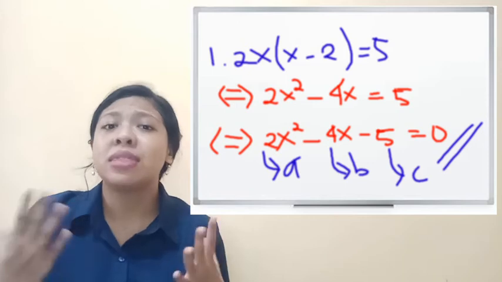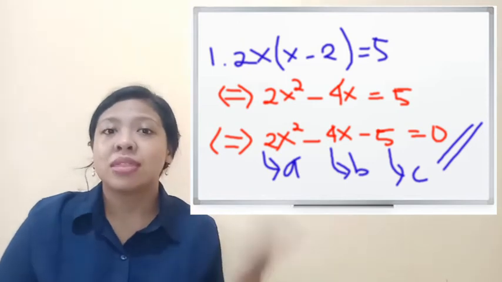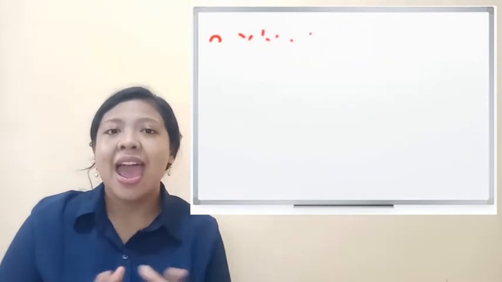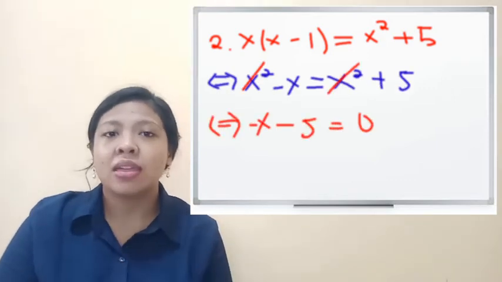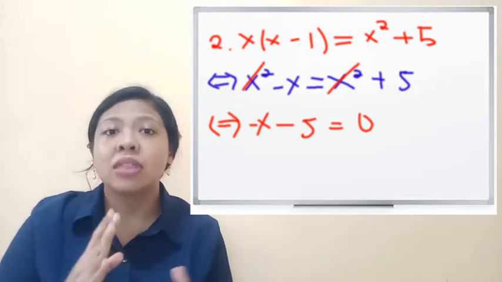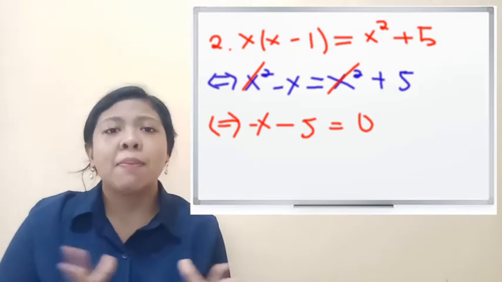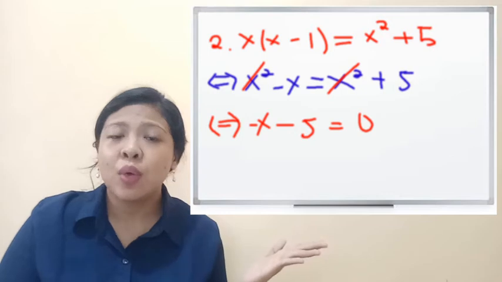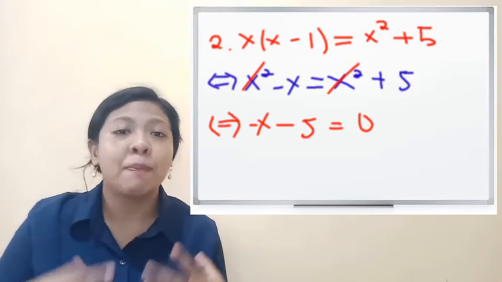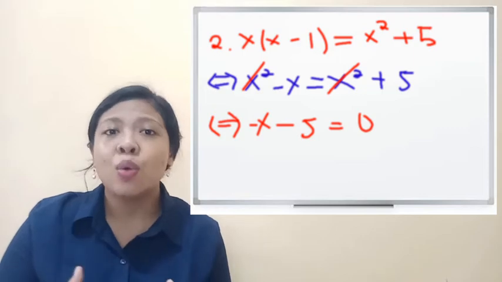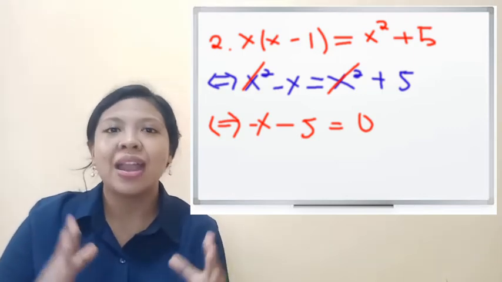We can do the same thing to the second equation and we will get the final term, which is minus x minus 5 is equal to 0. Because in the second equation there is no variable that is powered by 2, we can conclude that it's not a quadratic equation.